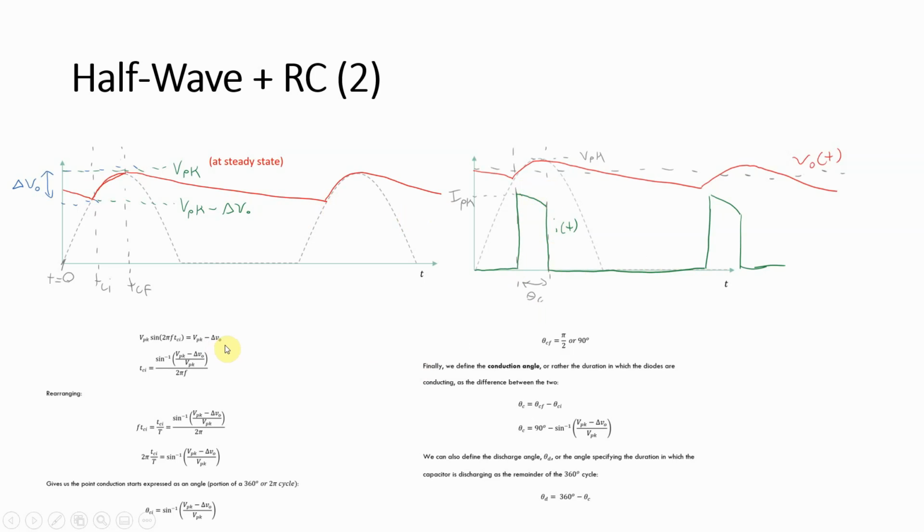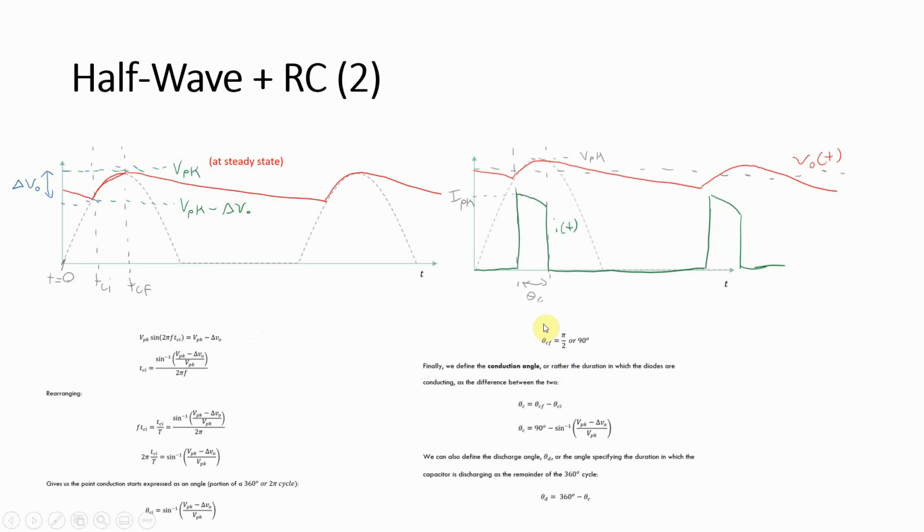Here we also know that if we have the delta V, we can find the time, and then we can find the angle as well. We can find time, and omega t is equal to theta, so we can find the angle. The final conduction angle, which is this point, is always T over 4.